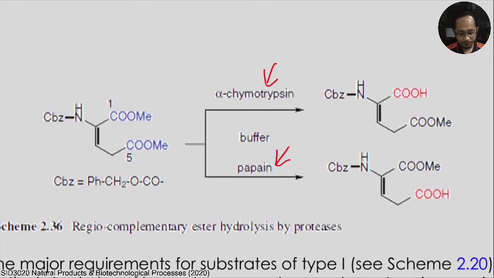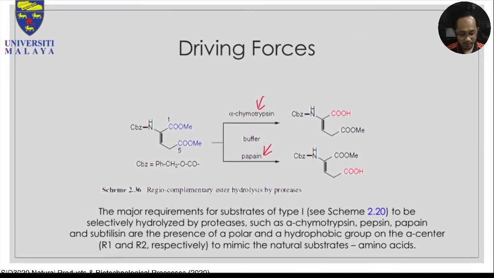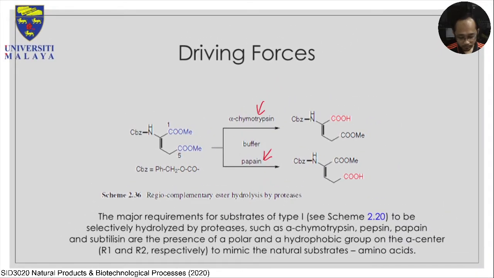What it says here is the major requirement for substrate type 1, so this one is scheme 2.20. If you want to look at the book for the substrate types, I'm not going to touch on the types of substrate, but if you are interested, then by all means go to the book references.